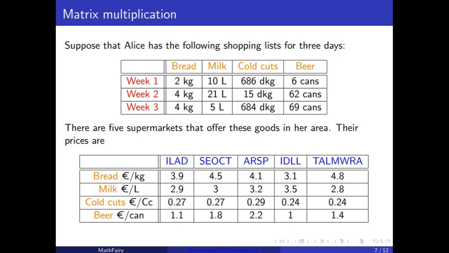Our goal here is to put together a table that contains the possible sums week by week for each supermarket. That is, this red-blue table. So if we have red here for the rows and orange here for the columns, and in the second table we have orange for the rows and blue for the columns, then we are interested in putting together a red-blue table.